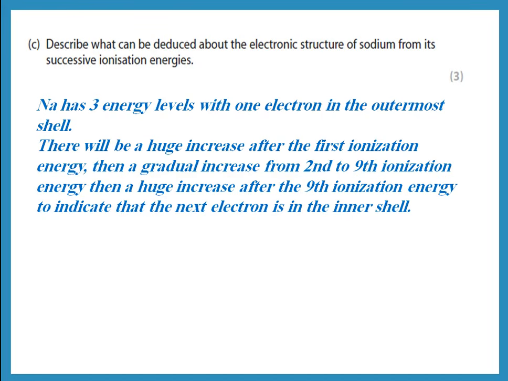So after the first ionization energy, there will be a huge increase in the ionization energy, and then a gradual increase, second, third, fourth, fifth, sixth, until the 9th ionization energy. Then we will have a huge increase in the ionization energies, because then you would have removed all the electrons in that second shell, and you're going into the innermost shell, which is very strongly attracted to the nucleus.